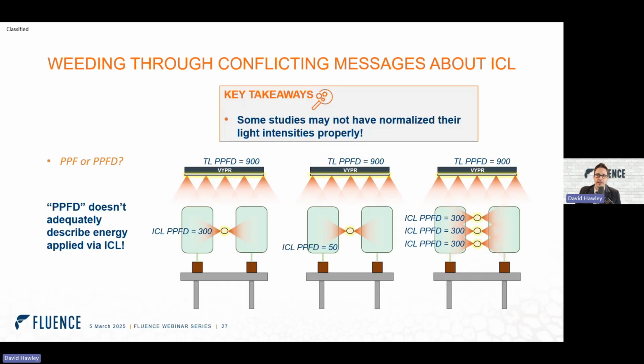Here's another thing. Talking about PPF or PPFD, the trouble with intercanopy light when it comes to research and market communications like this is that, unfortunately, it makes my life harder, but I can't talk about intercanopy light or subcanopy light as PPFD. We can't make the same assumptions about it as we can with top light, right?